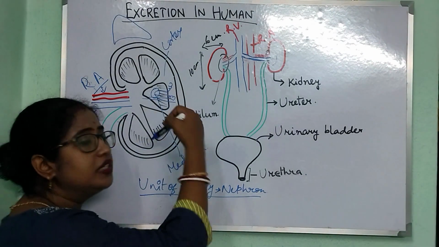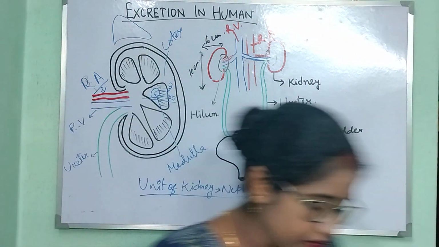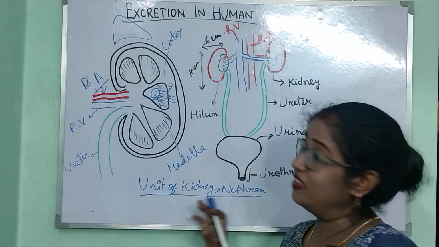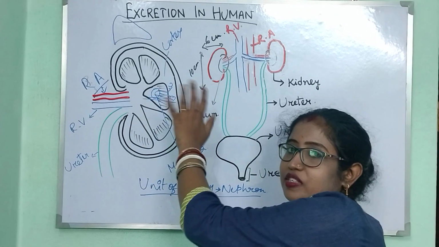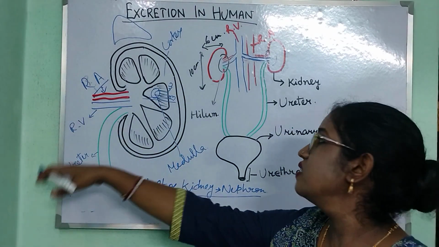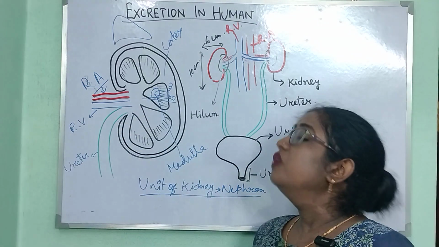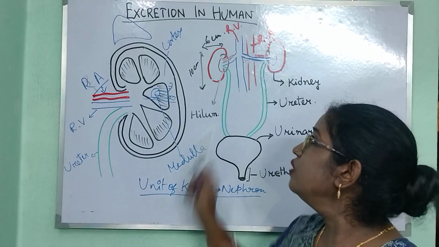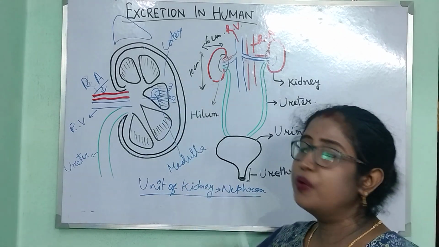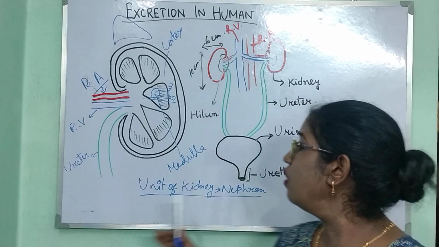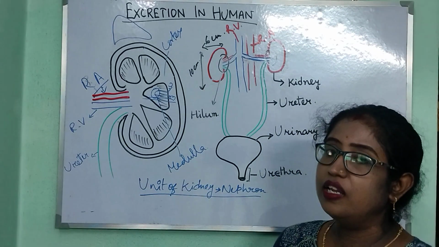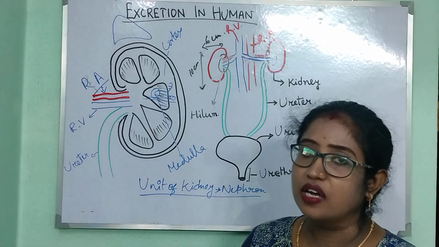We will discuss this structure in detail in our next session, so don't panic or get confused. What I told is that the outer cortex contains the Malpighian tubule, proximal and distal convoluted tubule of the nephron, but the medulla portion contains the loop of Henle of the nephron and the collecting duct.